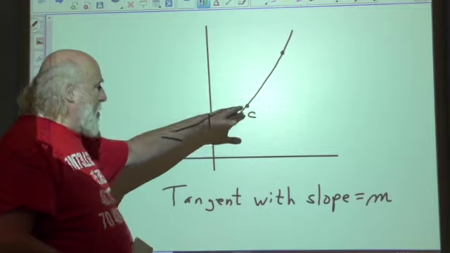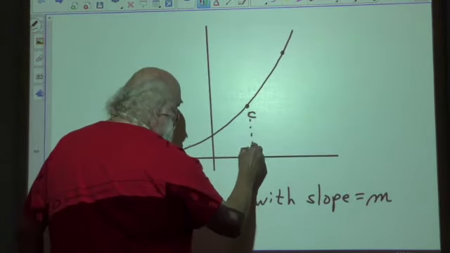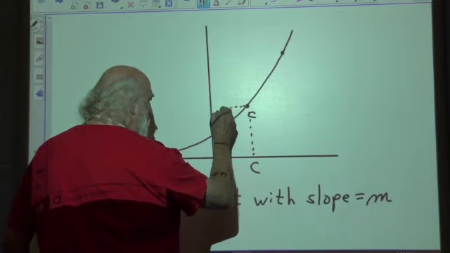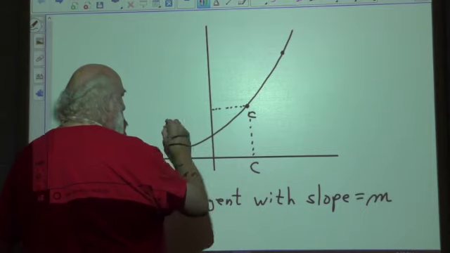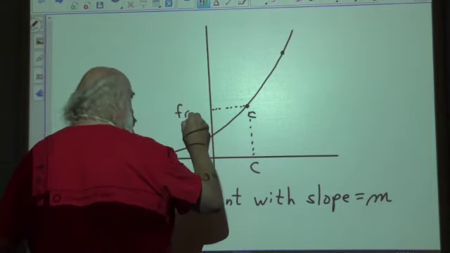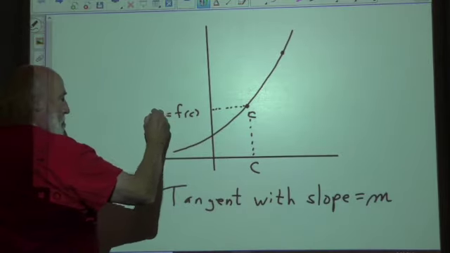So I have a point C. That is the point on the x-axis. Now that point then on the y-axis is going to be f of C, which is y.